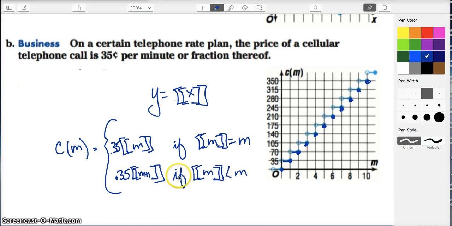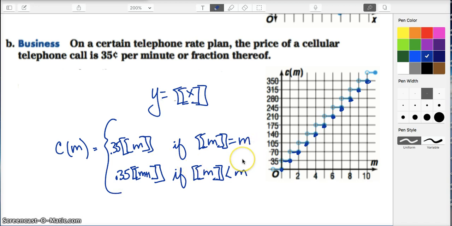And we would do this if the greatest integer of m is less than m. So now we are getting to round it up. You guys see, we're rounding up those values when the value isn't quite equal to the integer that's coming up. So that's the kind of function that we'd have to use to represent this situation.